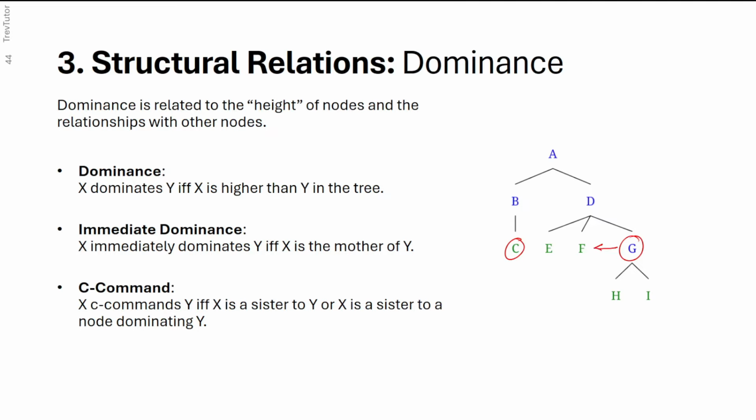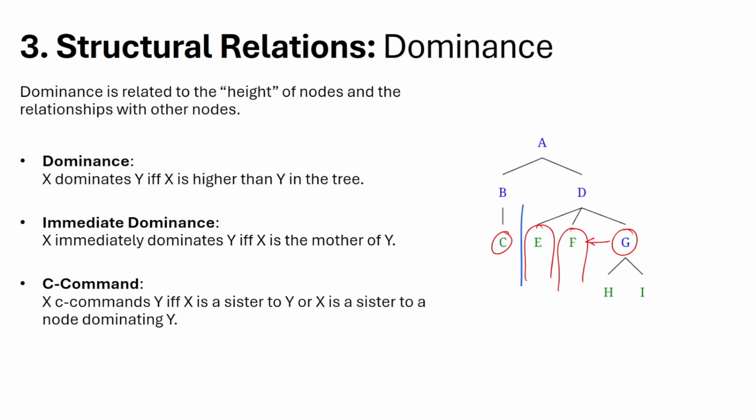So just as another example, let's imagine we're asking if G C commands C. Well, the only thing it can do is it can check its sisters and check everything underneath them. So G would C command F and everything underneath, and then E and everything underneath. But it's kind of stuck in this barrier, and I'll try to draw it a little bit nicer than that. So it's stuck in this barrier, and specifically, it doesn't even include itself.